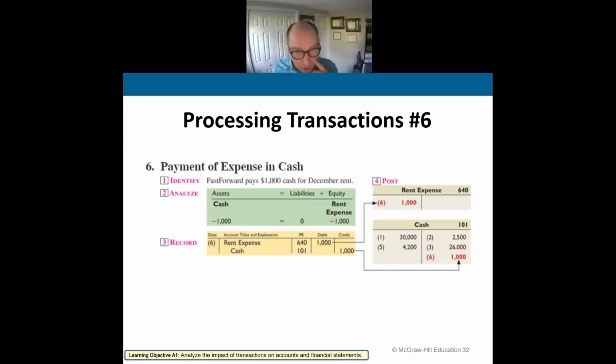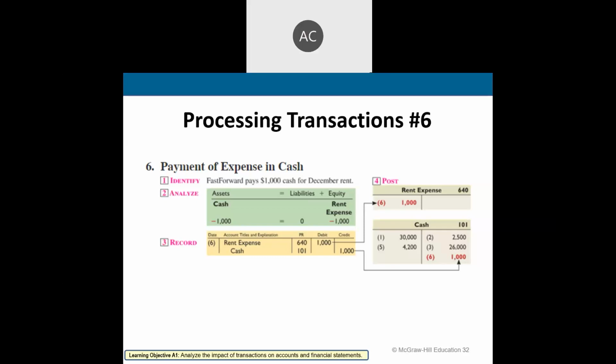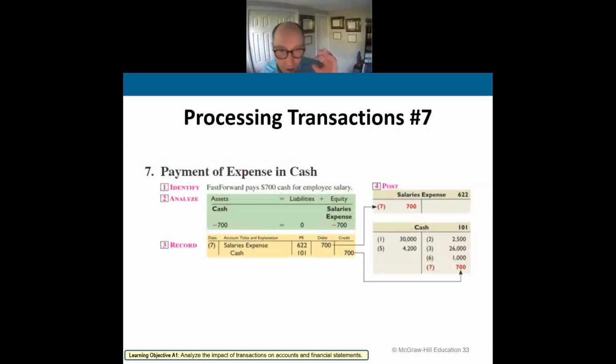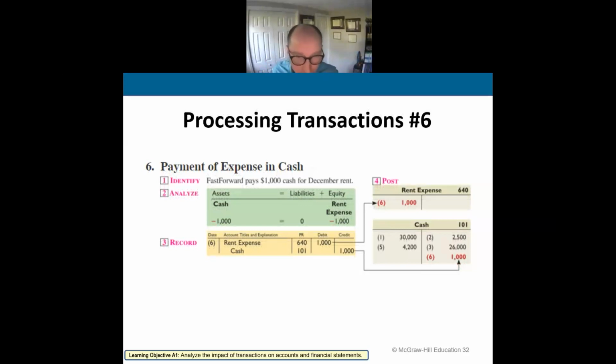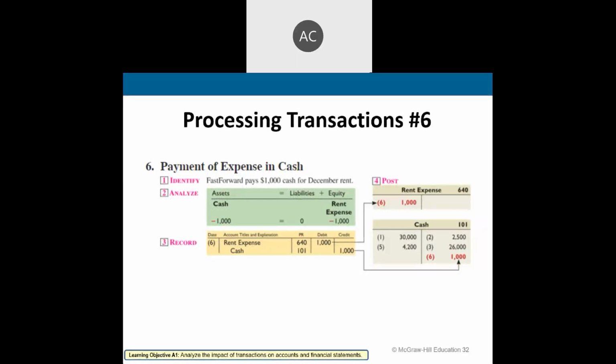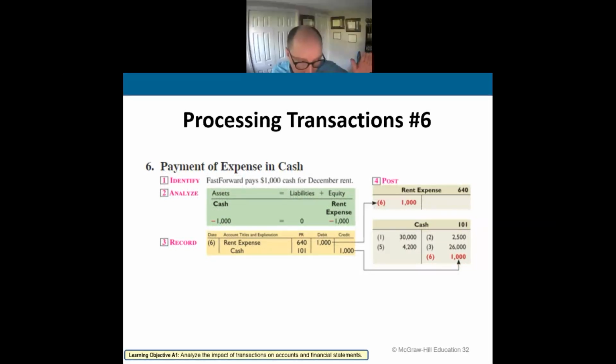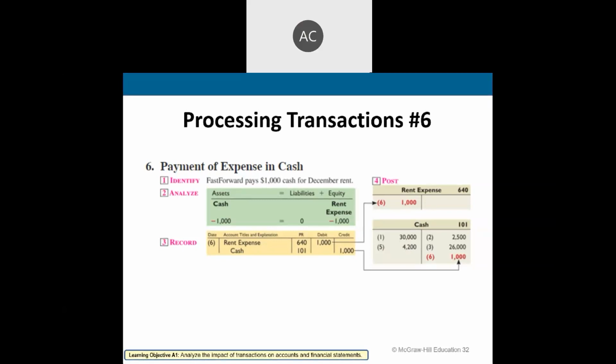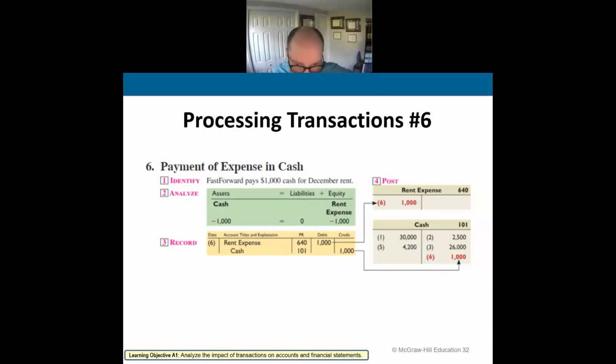I'm sorry, it's gonna be debited to decrease credit. Am I saying that right? No, that doesn't make any sense. Okay, let me help you understand this. Under equity, we have paid in capital minus withdrawals plus revenue minus expenses.